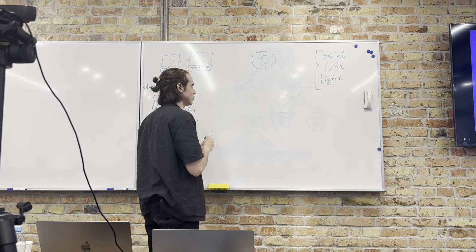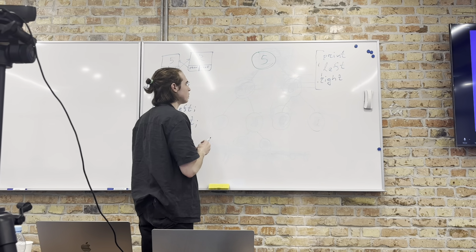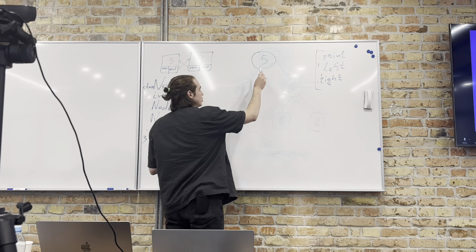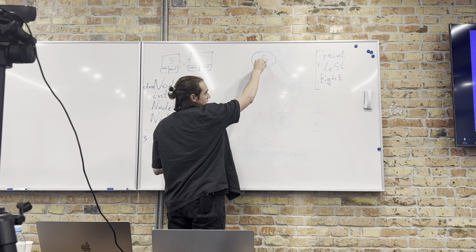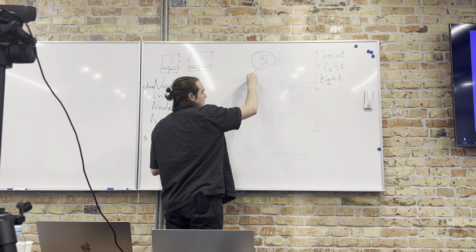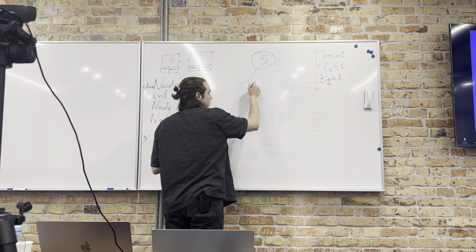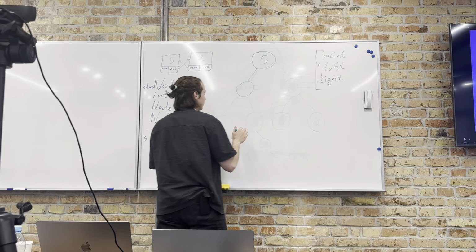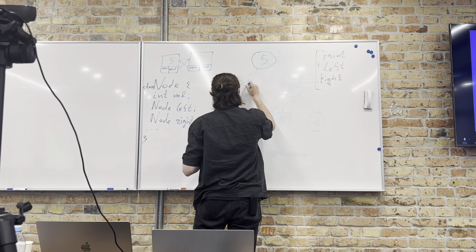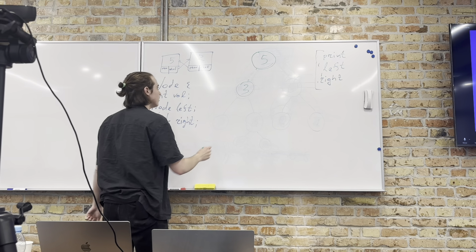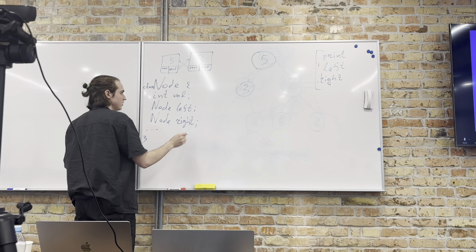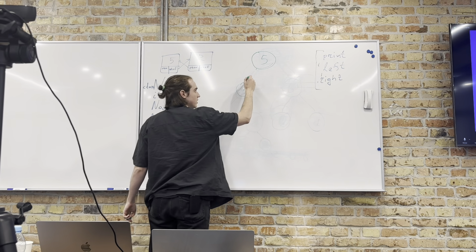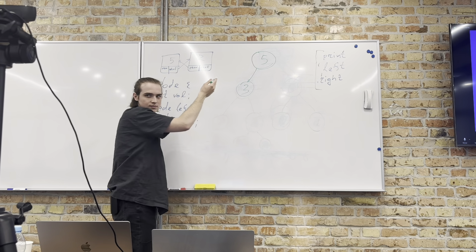Then we want to insert element 3. We check if 3 is less than 5, it will become the left child. So we create node 3, and for 5 we set the left reference, because 3 is less than 5.